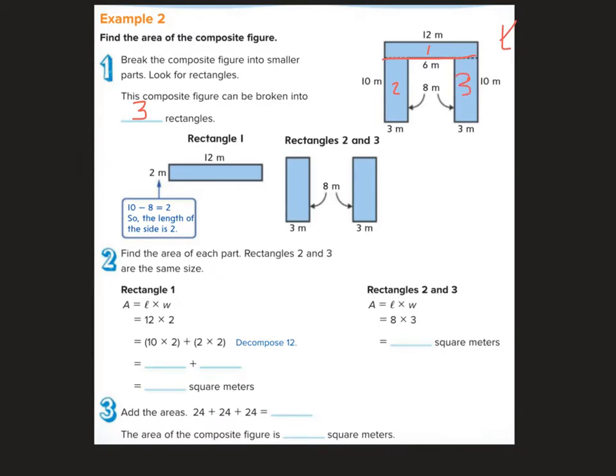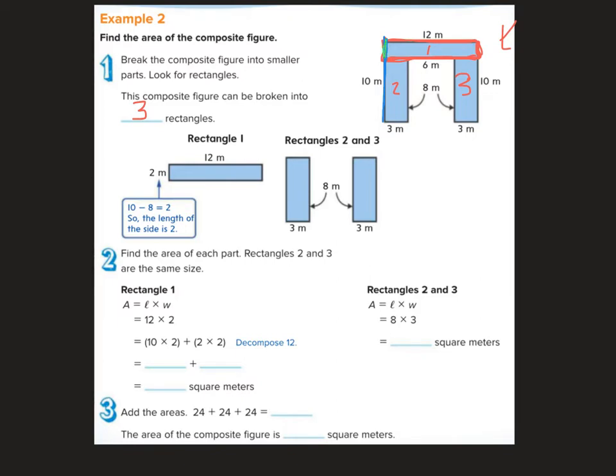Okay, so if I'm looking at this top rectangle right here. This is getting a little tricky, so let's really pay attention and follow along with me. Ready? So this whole side is 10. I don't want to know what the whole side is.